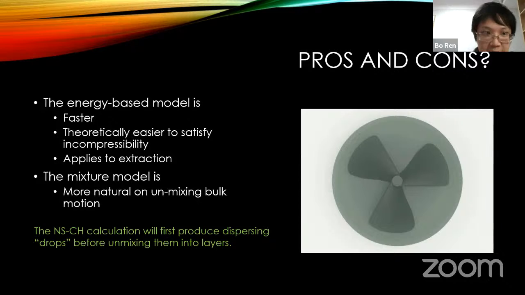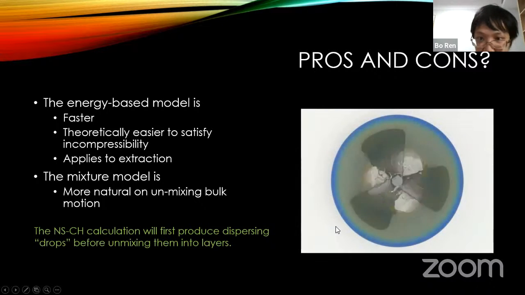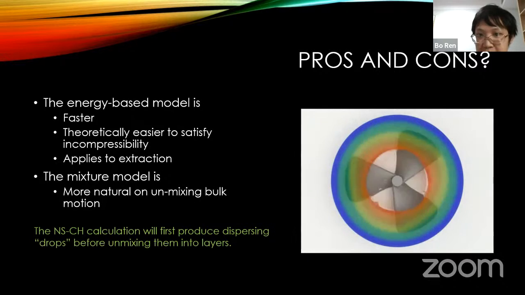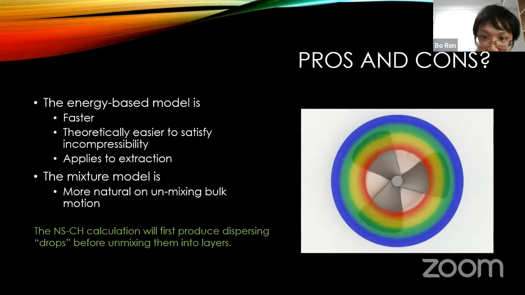And currently, the third one is that it applies to extraction, but it also has some drawbacks, which is the advantage of the mixed model. If we face this unmixing motion, you will see that these several phases are actually immiscible, but originally we manually set them to be in a mixed state.